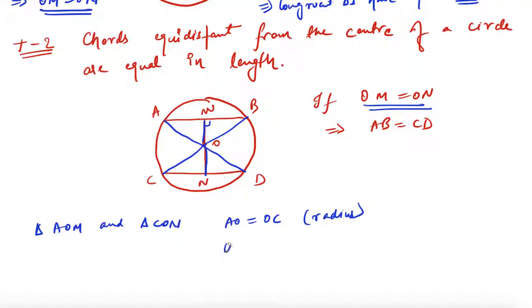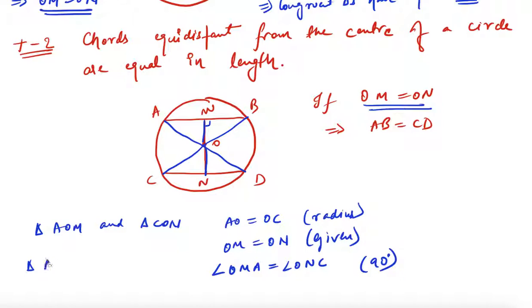And third thing, angle OMA is equal to angle ONC, 90 degrees, right? So by RHS congruency, I can say that triangle AOM is congruent to triangle CON by RHS congruence criteria.